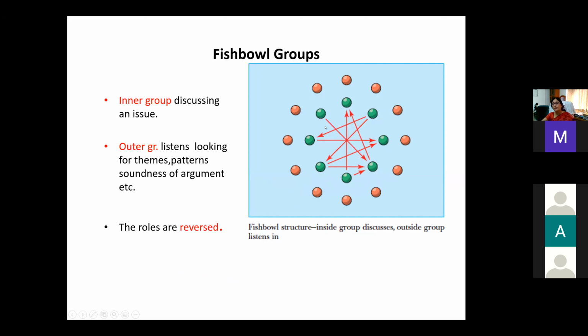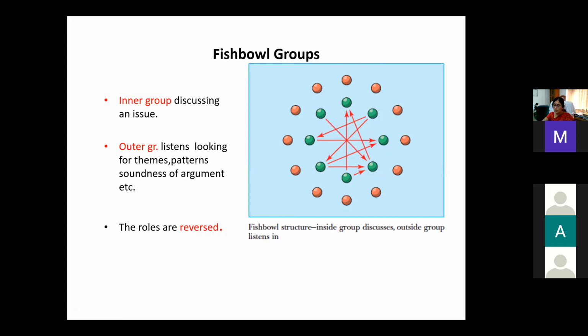Then we give them a current topic for discussion, and then the inner group will discuss, and the outer group will listen for the theme, how they are discussing, the soundness of the argument, and then later this group will go here and this group will come here. So this is called fishbowl group.